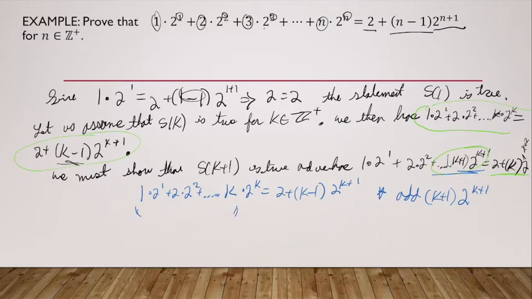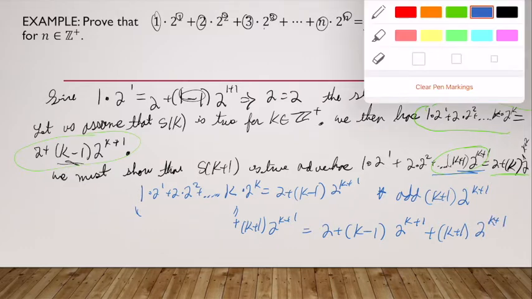So I have my equation plus (k plus 1) times 2 to the k plus 1 equals 2 plus (k minus 1) times 2 to the k plus 1 plus (k plus 1) times 2 to the k plus 1.